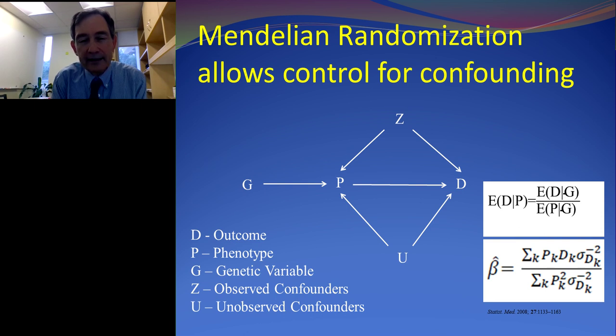And so then by forming the ratio of those two regressions, so the regression of the disease on the genotype and the regression of the genotype on the phenotype, you can get an estimate of the effect of the phenotype, the BMI, on the disease outcome.